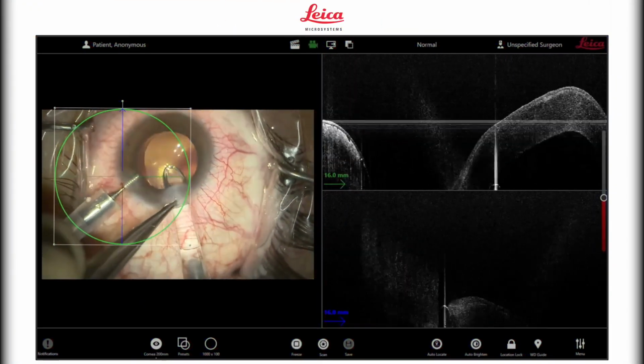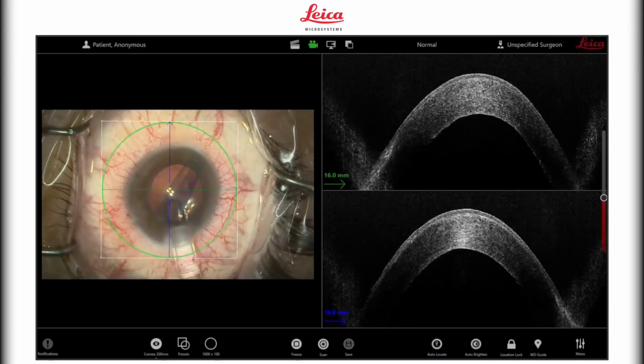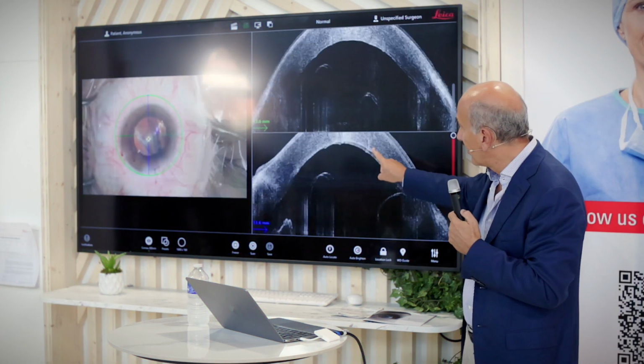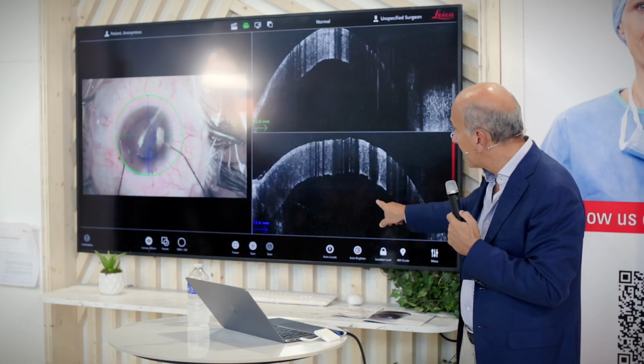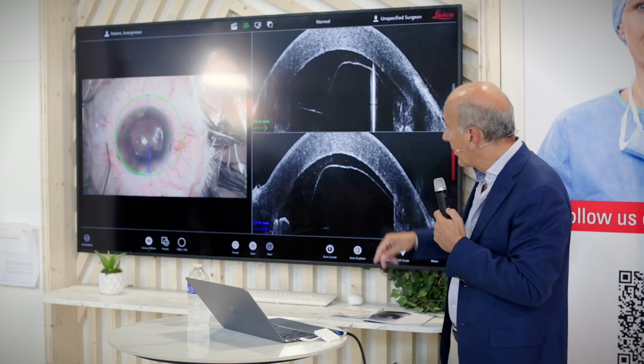So I introduce my donor, okay, and I double check with the intraoperative OCT the coiling of the donor. And you can see in this case that it's coiling in the correct orientation.